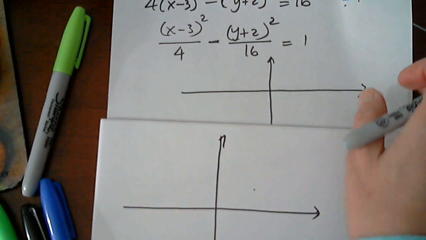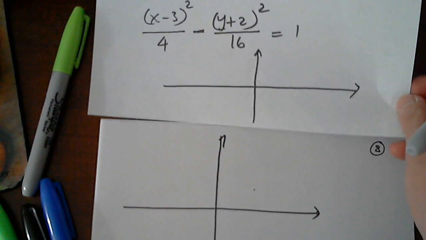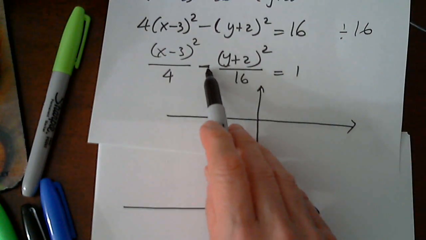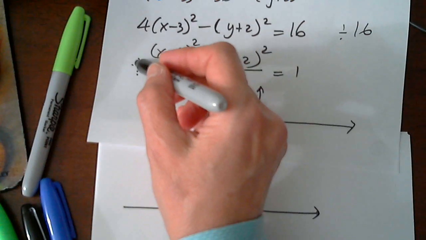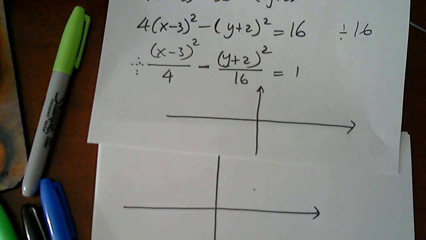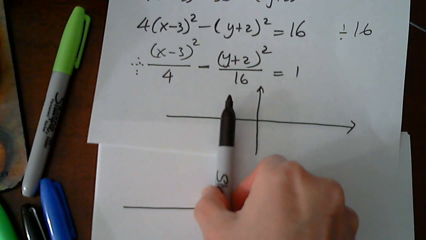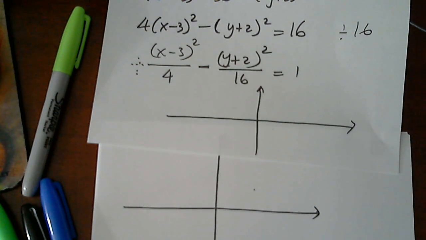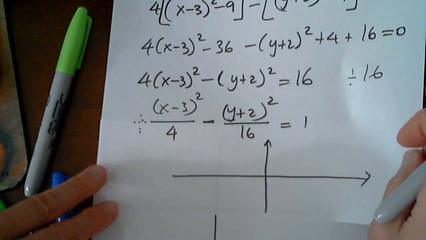Where is the transverse axis if x has positive in front and y has negative? Is it horizontal or is it vertical? Horizontal. Excellent. Good.